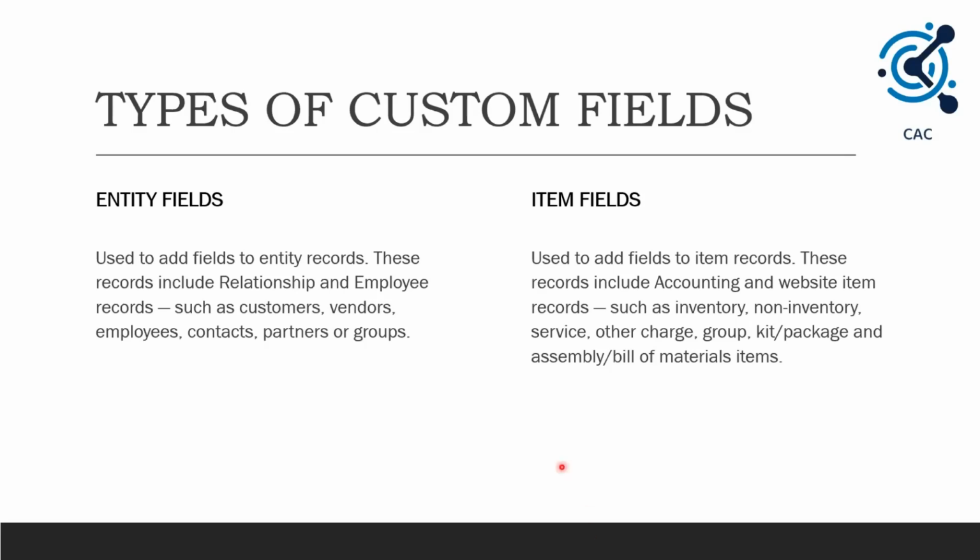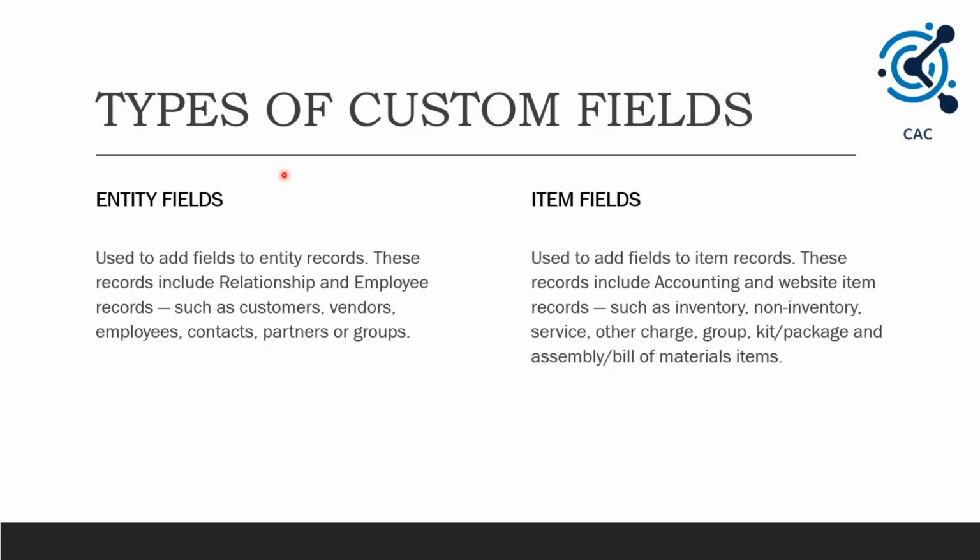First of all, we have entity fields. Entity fields are used to add fields to entity records. Entity records include any relationship or employee records, such as customers, vendors, employees, contacts, partners, or groups. Next one is item fields.